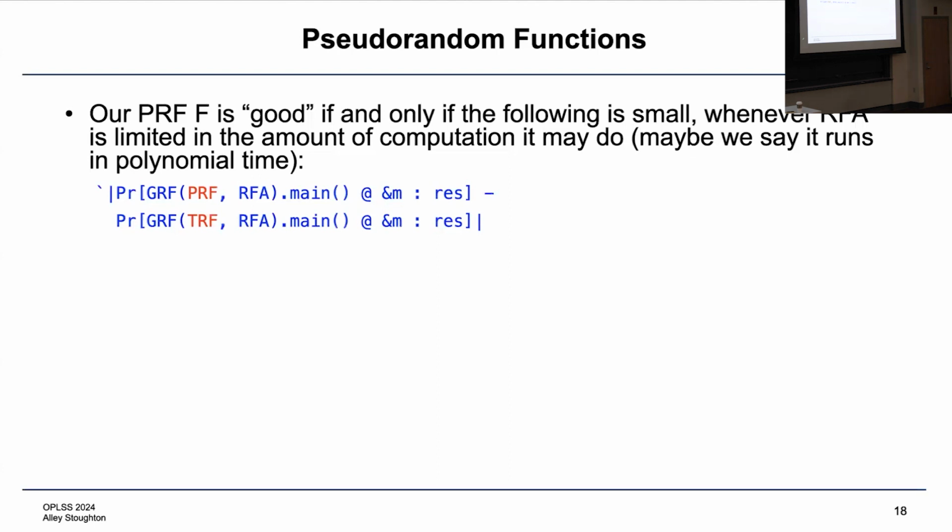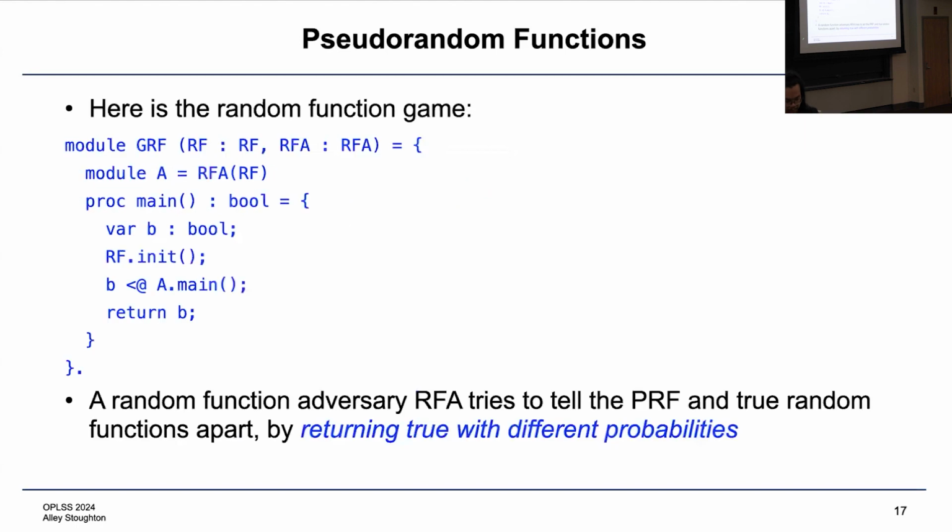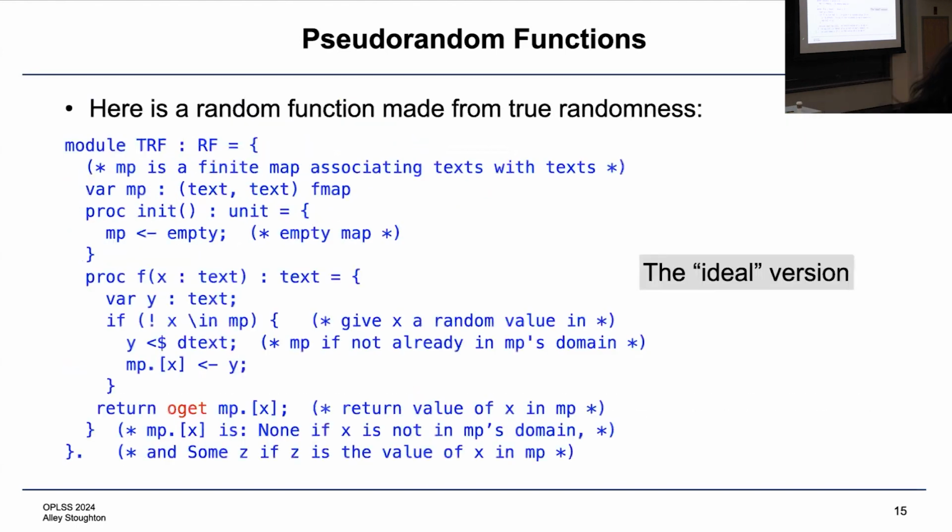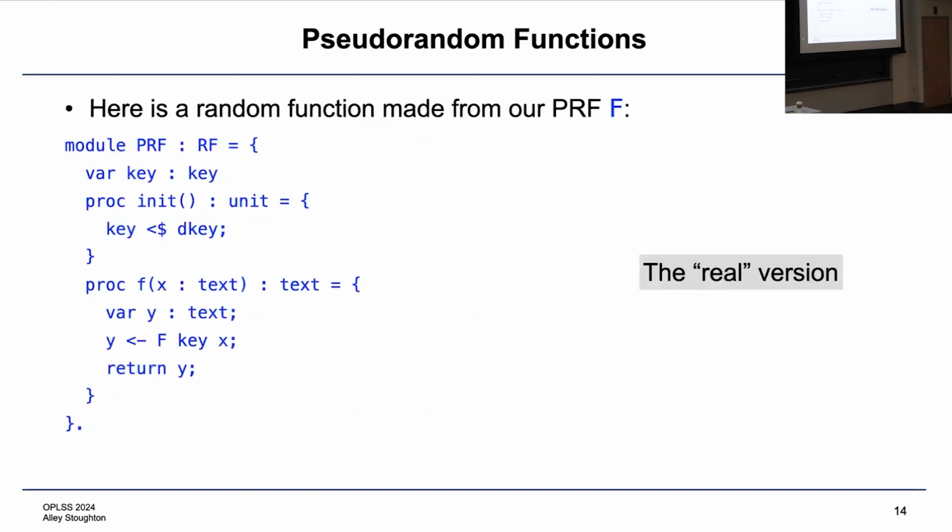Can you explain the difference again between the real random function and the true random function? Yeah, I'll go back for a second. So the real one just picks a key, and then when an X comes in, F of key is a transformer on text values that's determined by the key, and so we simply return that.